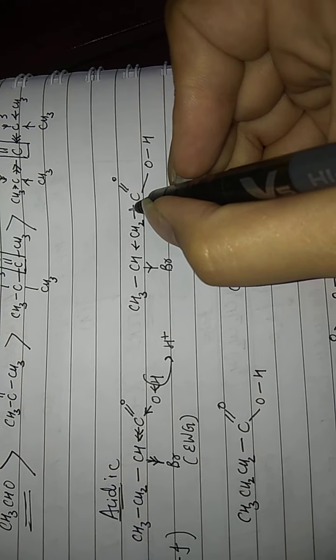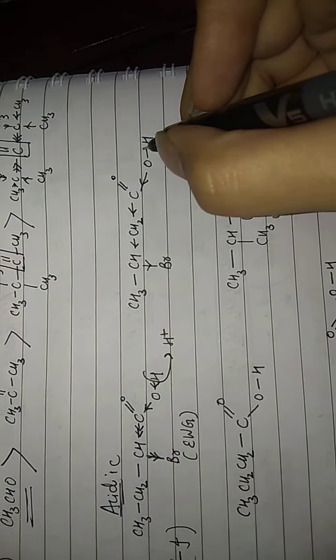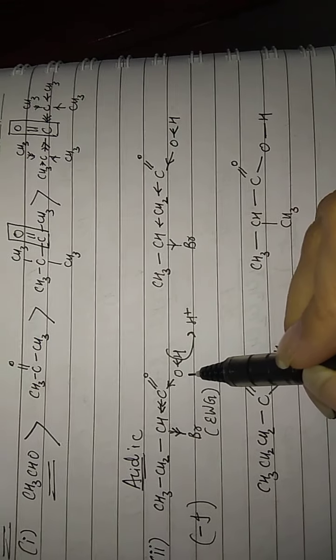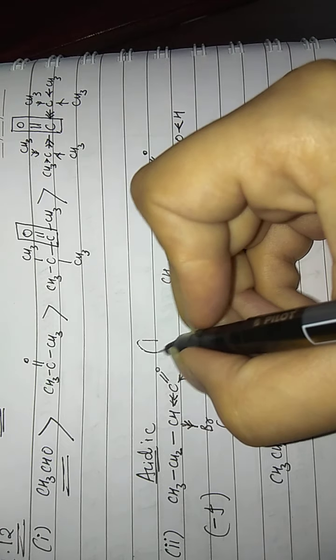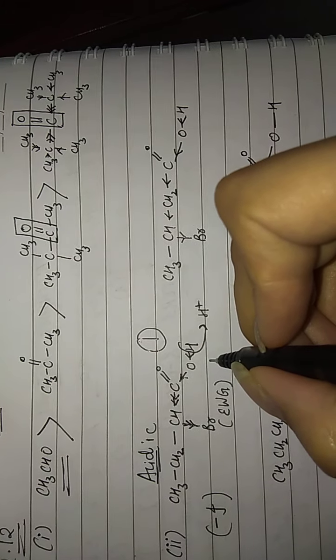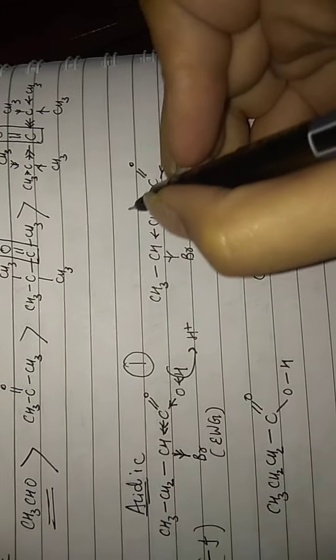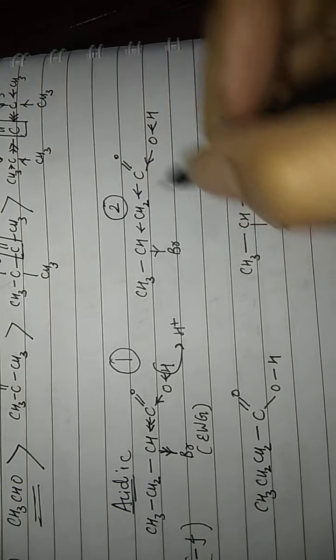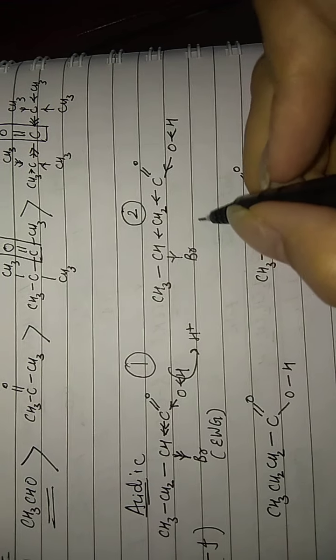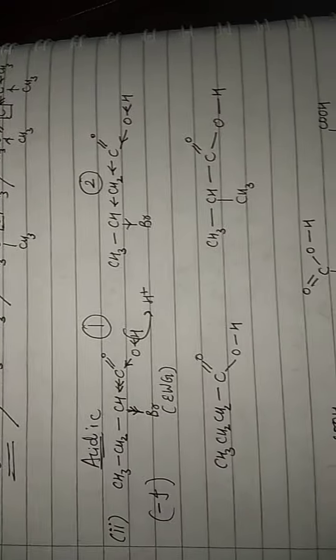So again, the effect will be there, but it will be lesser than what we have observed in this compound. Fine. So this will be most acidic. This compound, I repeat, will be most acidic. This will be on the second number, less acidic than this compound.